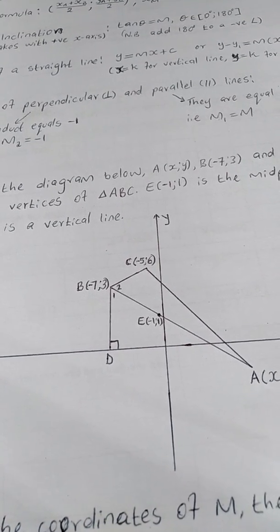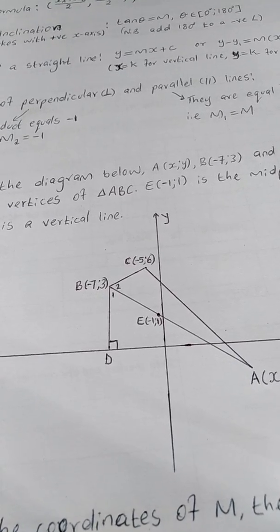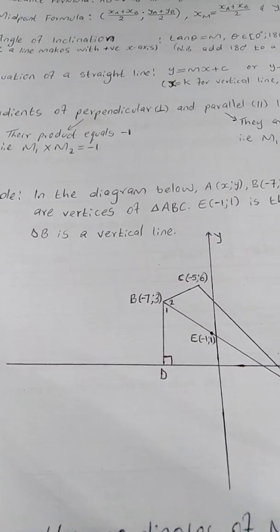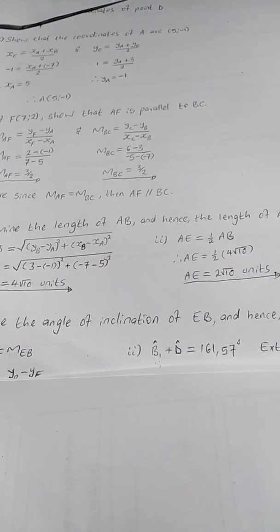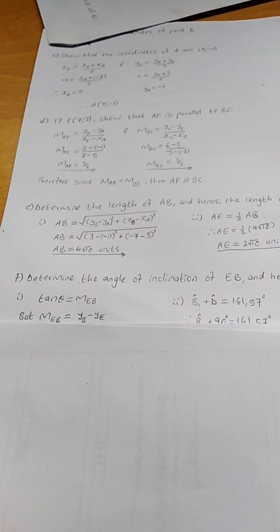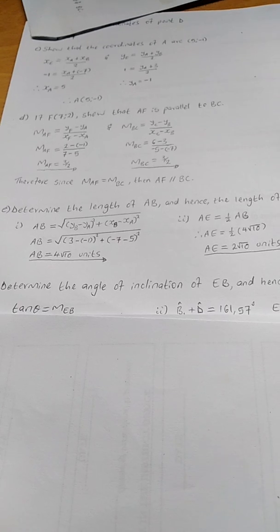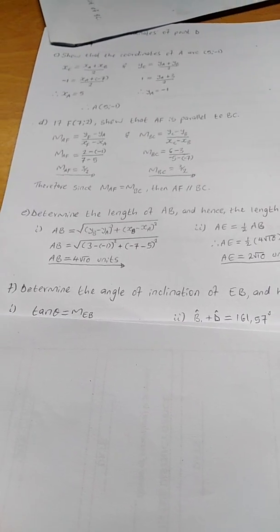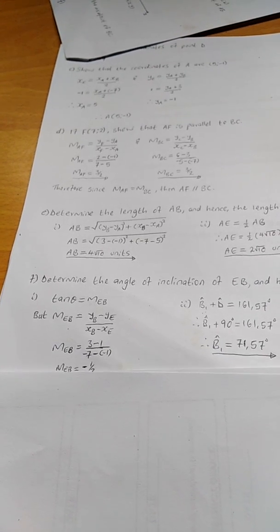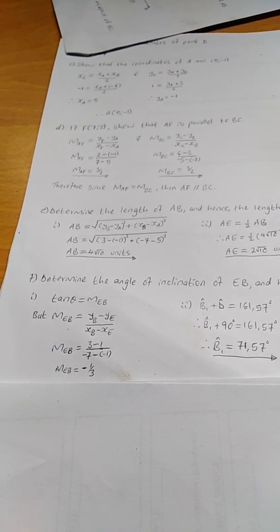I hope you've already paused the video, tried to do the question, and then you're looking at this now after having paused this video. Now, tan theta is equal to the gradient of EP. Then you first find the gradient of EP, which will simplify to negative 1 over 3.